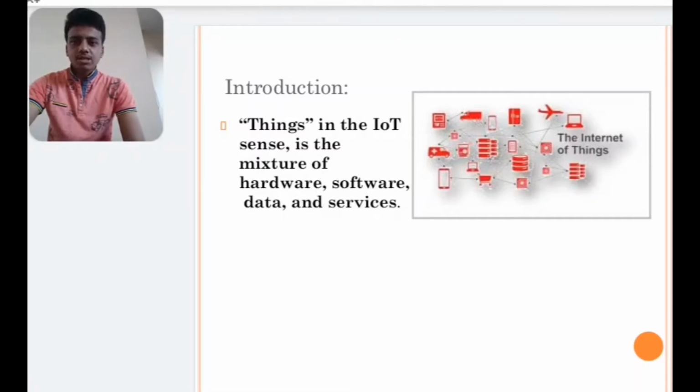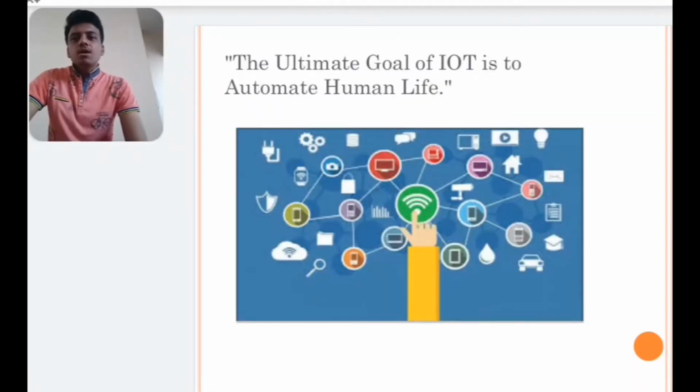And then the next point I would like to add, the ultimate goal of Internet of Things is to automate human life.